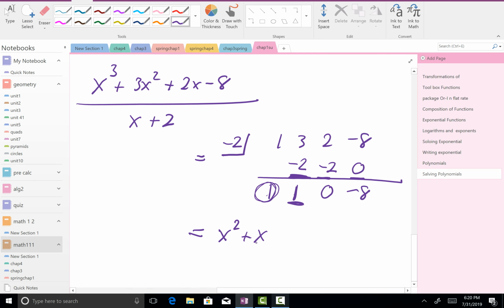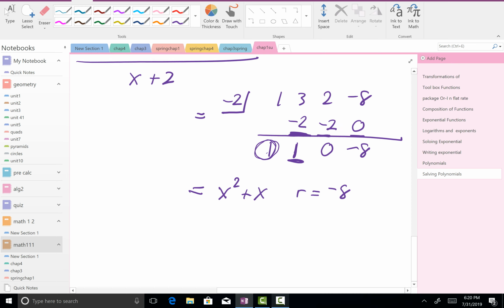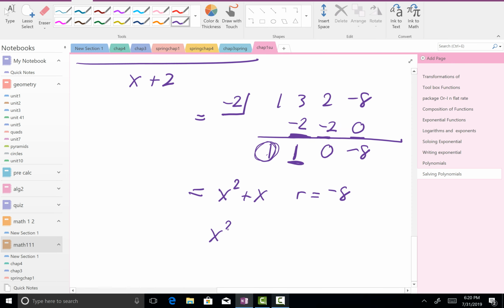Okay, we don't have a constant, it's 0. That's just how it worked out. Okay, my remainder is -8. So if I wrote this in this other form, I would have this with 8 over what I divided by.